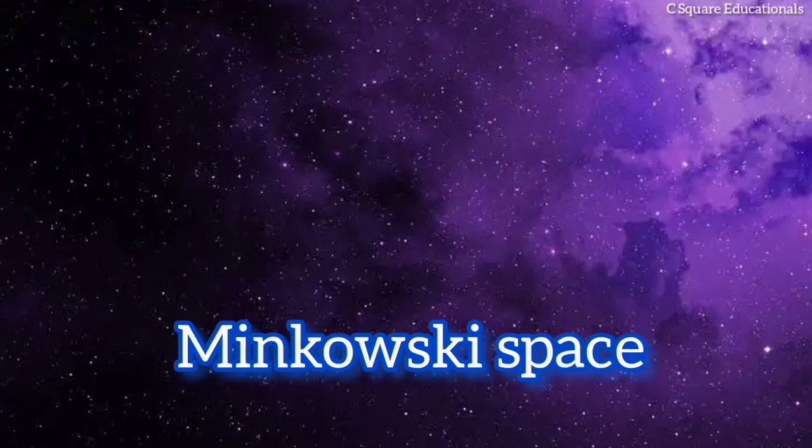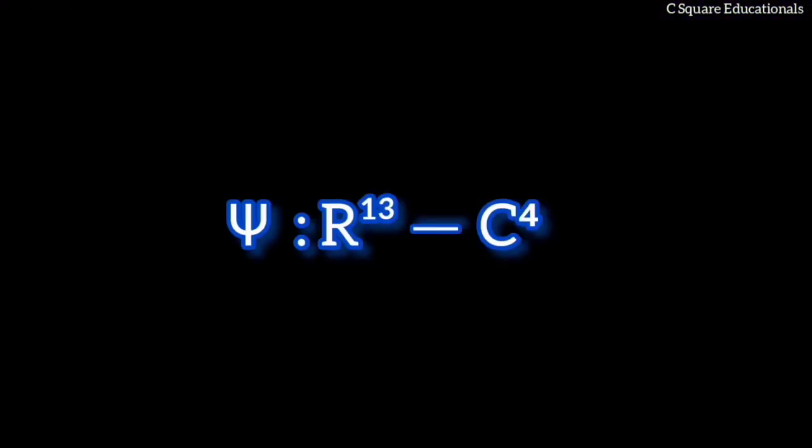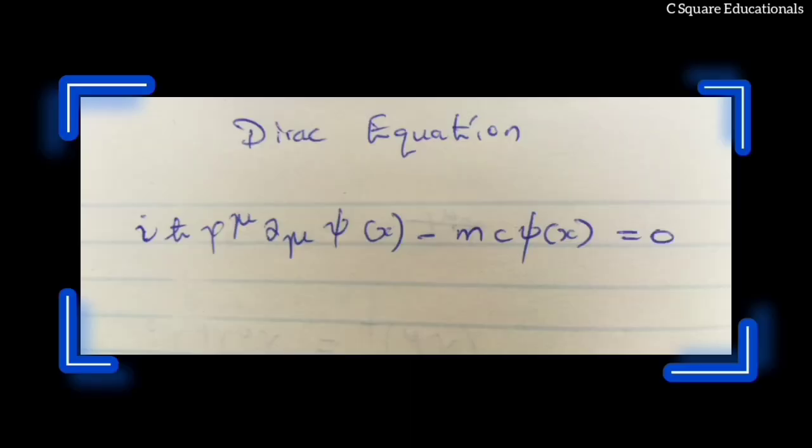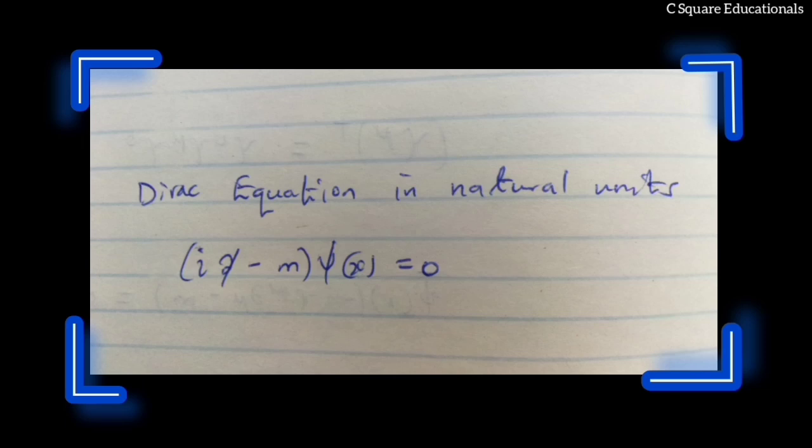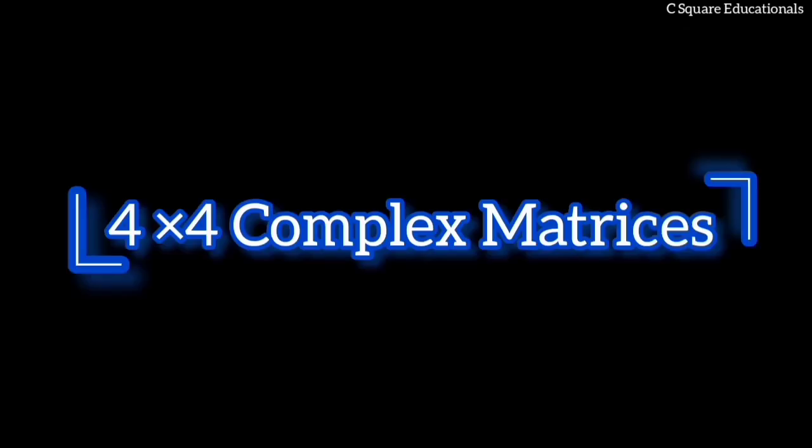In terms of the field psi from R1,3 to C4, the Dirac equation is written, in natural units with Feynman slash notation. The gamma matrices are a set of 4x4 complex matrices which satisfy the defining anti-commutation relations.